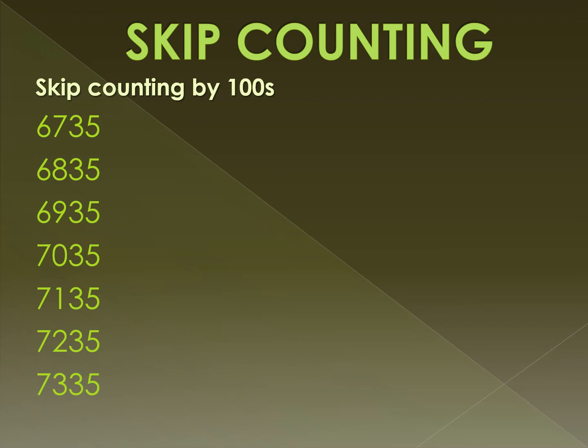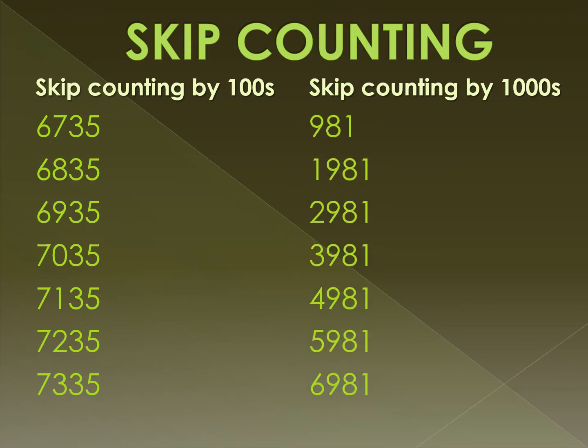Now let's see how we do skip counting by thousands. When we are skip counting by thousands, we increase the thousands place digit by 1 each time. Our given number is 981 and we have to skip count by thousands. When it is a 3-digit number, it means that there is a 0 in our thousands place.